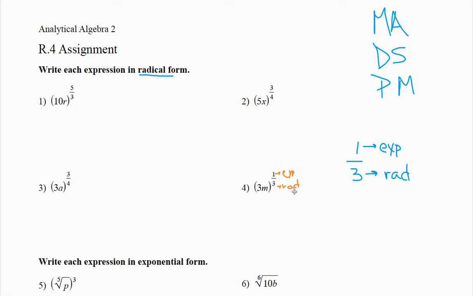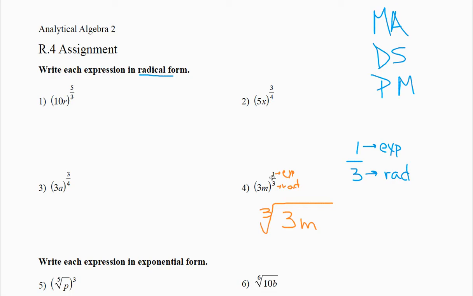Now, because there is a set of parentheses, I put everything to the 3rd power, and everything goes inside the radical. Now, do I need to write my exponent? Well, anything to the 1st power is itself, which is why I started with this example. It's because it's the easiest version.